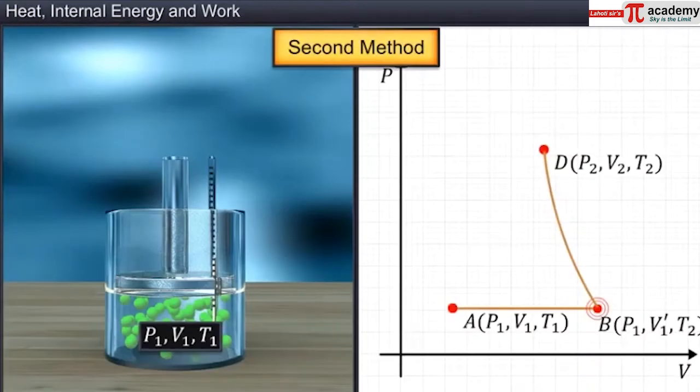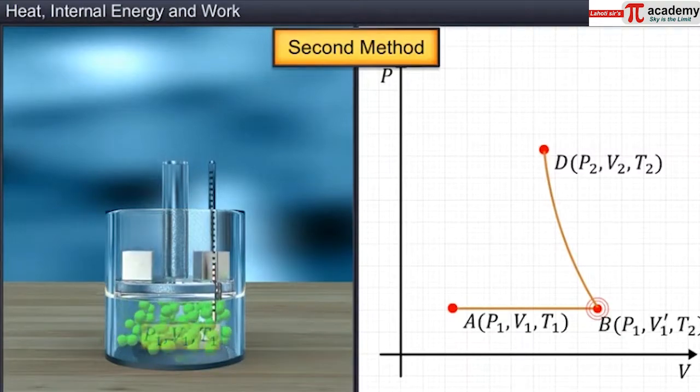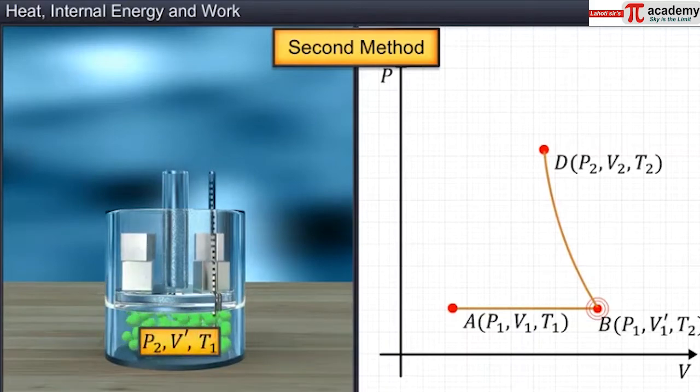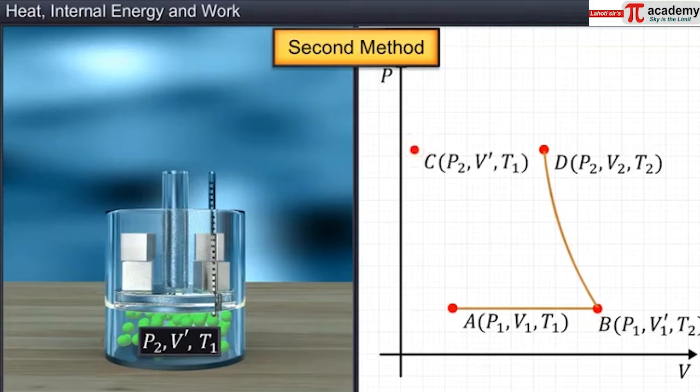In the second method, compress the gas by placing some weights on the piston and change the initial state of the gas from P1, V1, T1 to a new state represented by P2, V, T1. In the PV graph, the new state is represented by C and the process by the curve AC.